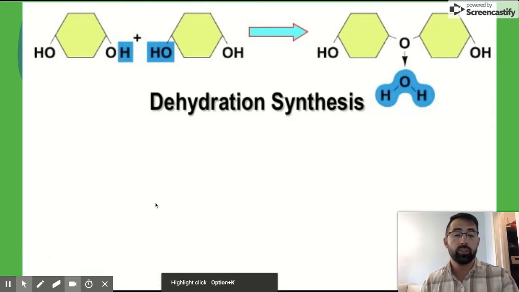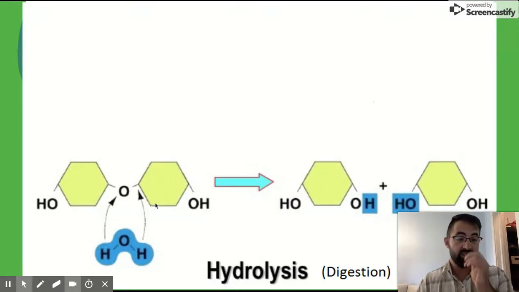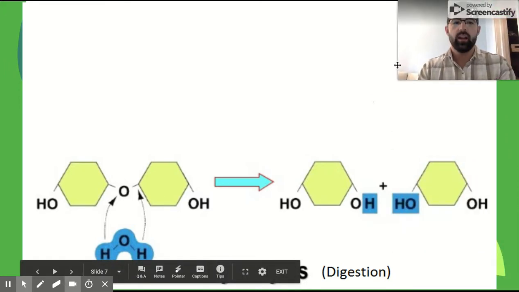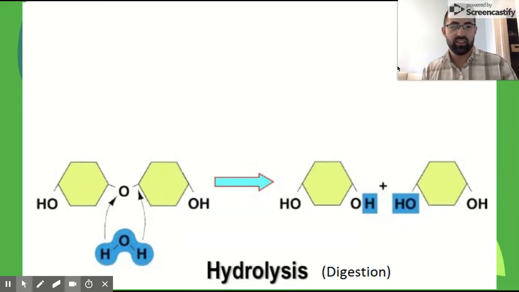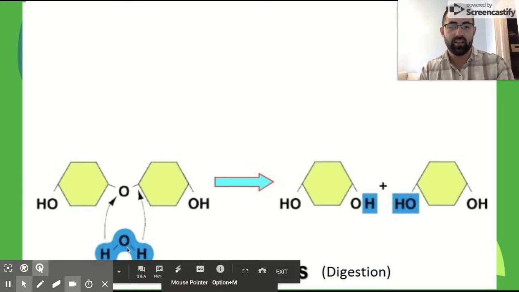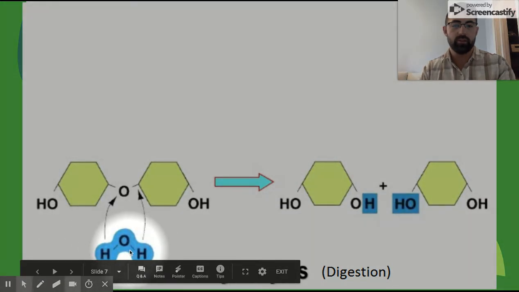All right, the next one we look at is the opposite. This is hydrolysis. This is what happens in digestion. In digestion, on the other hand, we have complex molecules like this complex sugar. This time we're just going to add this water molecule to these two oxygen bonds.